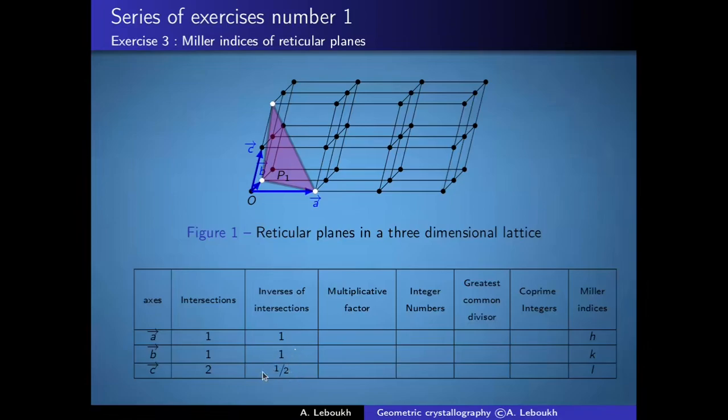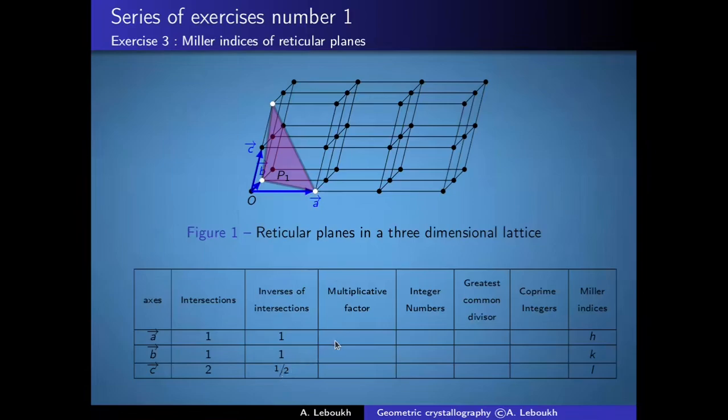As we have here a fraction, we multiply by a multiplicative factor to have integer numbers. This multiplicative factor is equal to the denominator of this fraction.